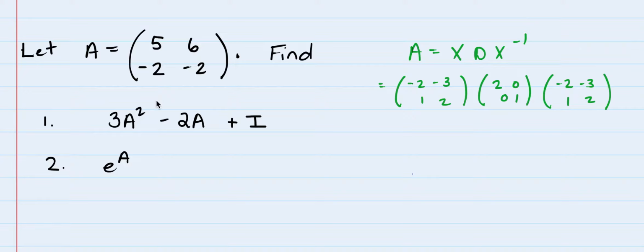But I'm going to take advantage of the fact that this matrix is diagonalizable. In a previous video, we found the matrix D that goes with this matrix A. We said that the diagonal matrix is 2, 0, 0, 1, and we found that the matrix X and its inverse is negative 2, negative 3, 1, 2. So calculating A to a particular power, at least for this matrix, isn't that hard.